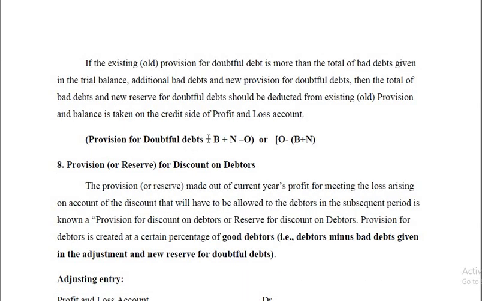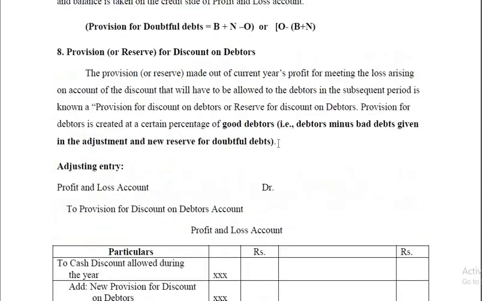Provision for doubtful debts is equal to total bad debts plus new reserve minus old reserve. But if old reserve is more than the total of bad debts and new reserve, then it is old reserve minus total of bad debts plus new reserve to be credited to profit and loss account.